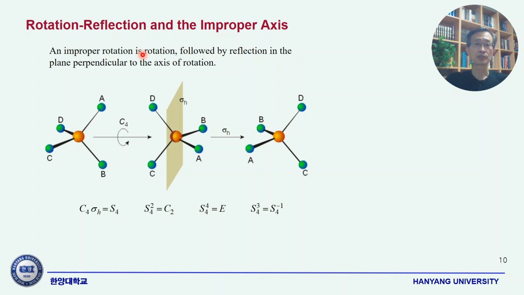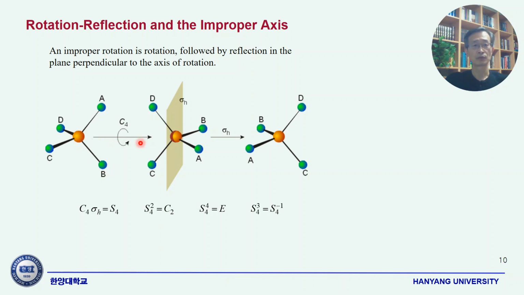It's a rotation and reflection through the plane perpendicular to the axis. We have seen this one as S4 with the methane molecule. That's the rotation-reflection, or improper axis. In this case, A, B, C, D differentiate each hydrogen atom.